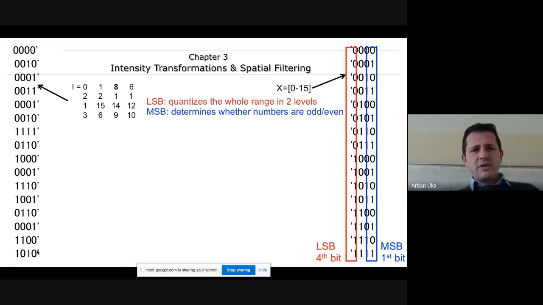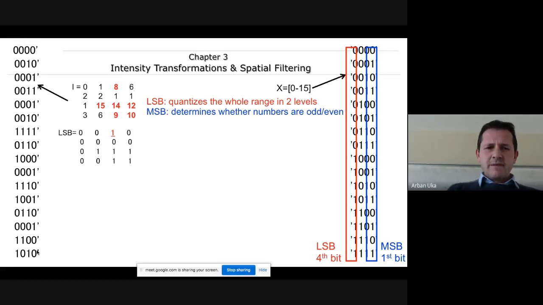So these are the bit representations of this image. Now, these pixels in red are larger than 7, okay? So these, which are black and red, belong to the least significant bit. If you look at the right side of the slide, they are larger than 7.